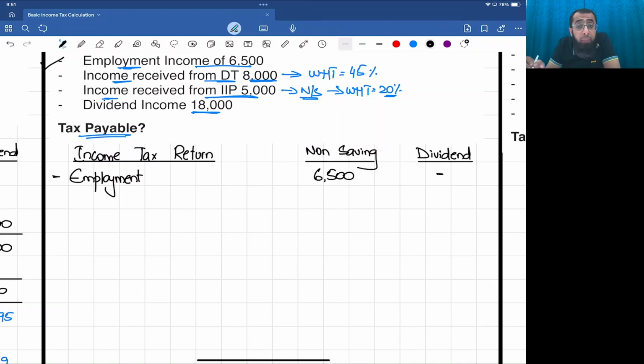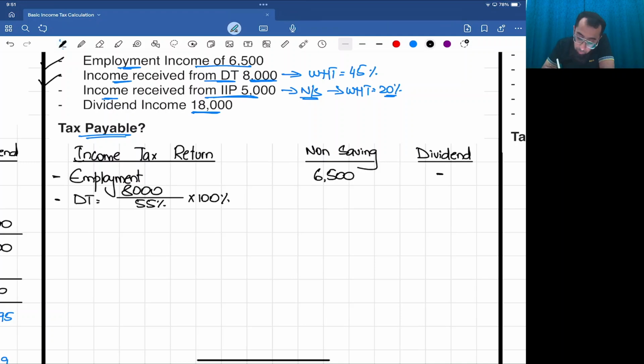non-saving. Then comes the discretionary trust. 8,000. 45% is the withhold. So you divide by 55 multiplied by 100. So let's gross it up. Okay. 8,000 divided by 55 multiplied by 100.